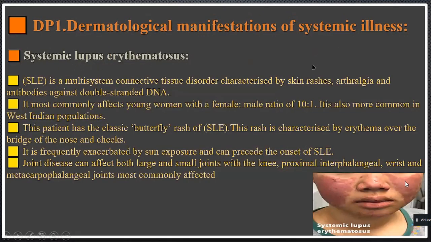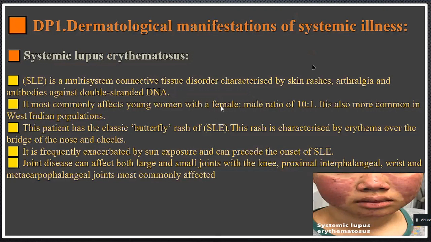Systemic lupus erythematosus, which you can find in the exam as a face rash. It's a multi-system connective tissue disorder characterized by skin rashes, arthralgia, and antibodies against double-strand DNA. It most commonly affects young women.